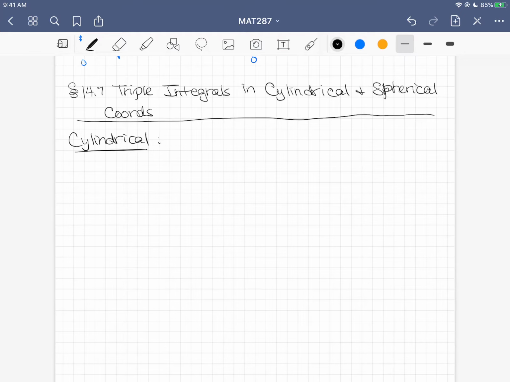So recall cylindrical looks like polar coordinates in the xy plane. So x is r cosine theta, y is r sine theta, and then z is just z.